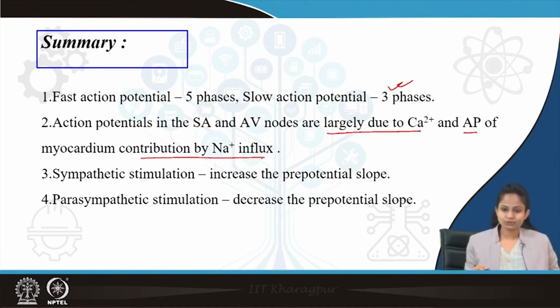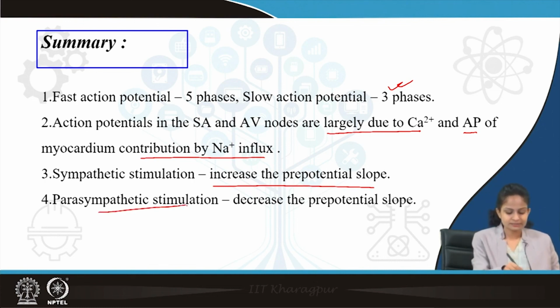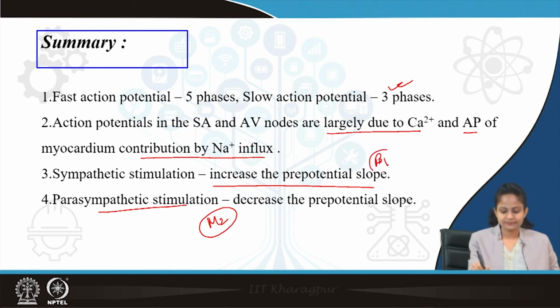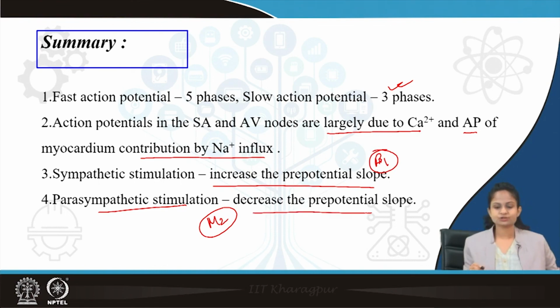Sympathetic stimulation, mainly through beta 1 receptor stimulation, increases the prepotential slope and hence increases the force of contraction and heart rate, whereas parasympathetic stimulation acts on the M2 receptors and decreases the prepotential slope and hence decreases the heart rate and force of contraction.